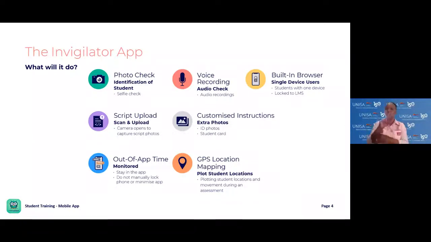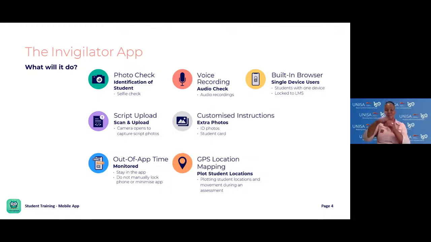However, if you are a single device user, in other words, you only have a smartphone and nothing else, you of course need to be able to use your smartphone not just for invigilation purposes, but also to be able to access your assessment on UNISA's website. So we have a built-in browser.